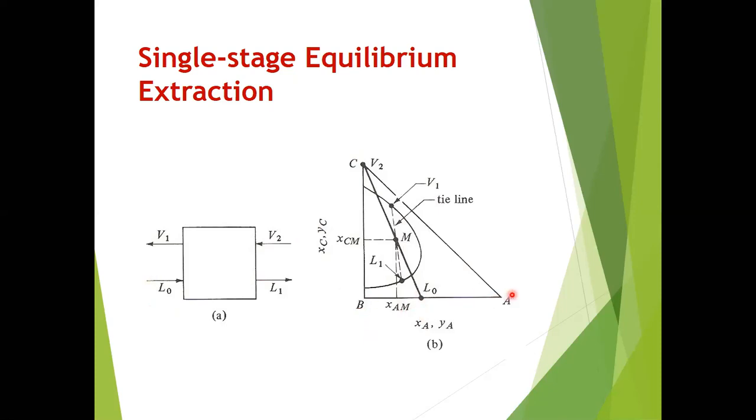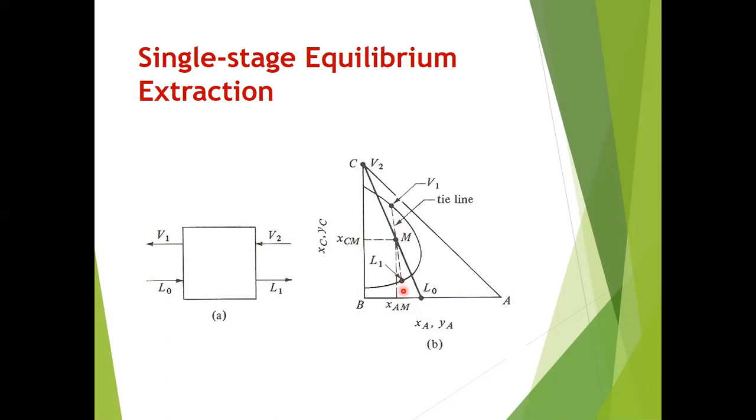You can read this procedure in the reference. And you need to plot the solvent, if it's 100% pure C, right on the tip of this triangle. Now, the bulk phase M will be somewhere between these 2 points that is forming a line. So your M is somewhere here.